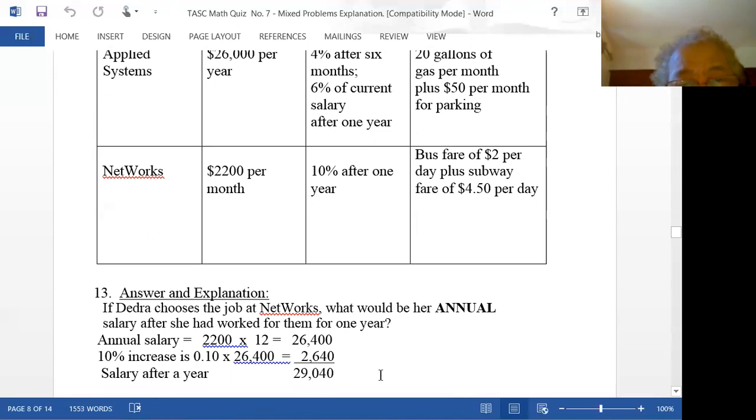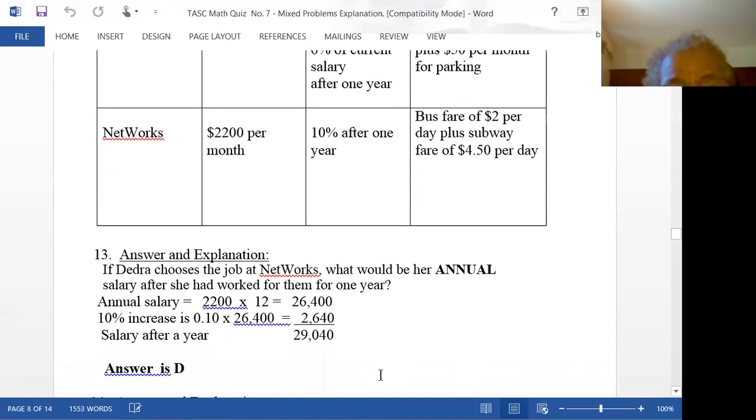Just shift the decimal point. Add this up and you get $29,040. That would be her salary after a year. And on your sheet, that would be answer D.